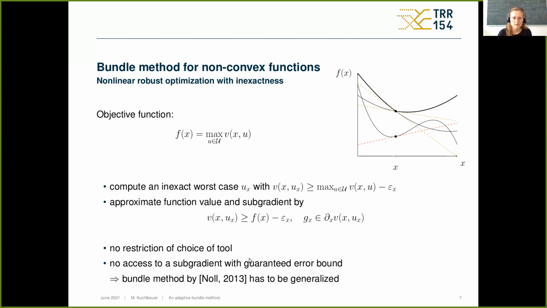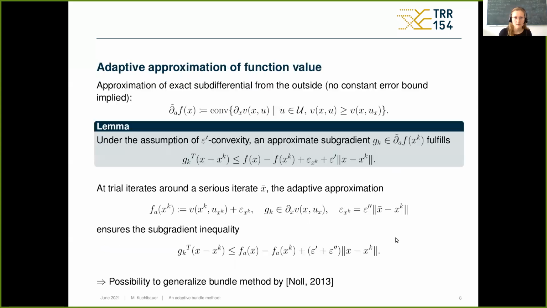But let me mention here that we did not restrict ourselves to a certain choice of tool in order to obtain this inexact worst case, or this inexact function value and subgradients. So we now want to generalize the bundle method by Null, and we do this as follows. We use our inexact subdifferential, and let's first have a look at the subgradient inequality that is ensured by our approximate subdifferential.